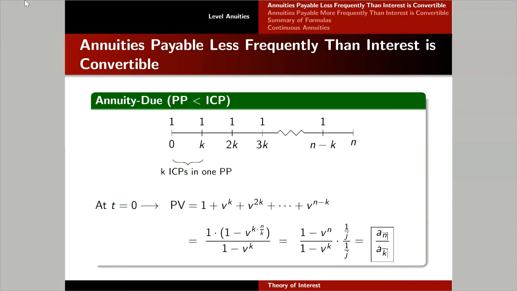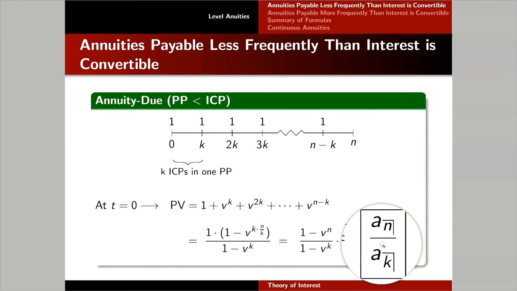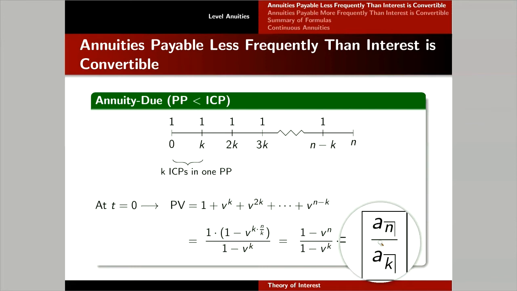So if you see this expression, this is exactly the present value of an annuity due where payments are made less frequently than interest is convertible.